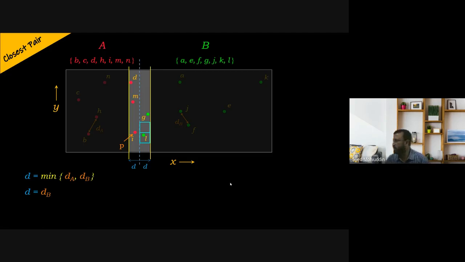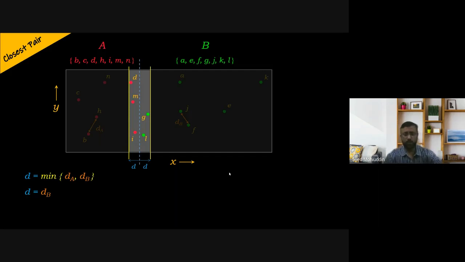So we found the closest pair which is closer than J and F, that is, closer than the distance DB. So this is how the closest pair algorithm works.